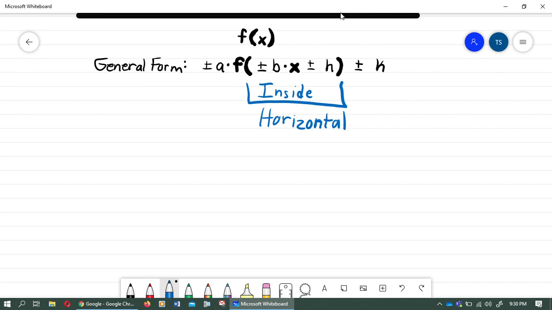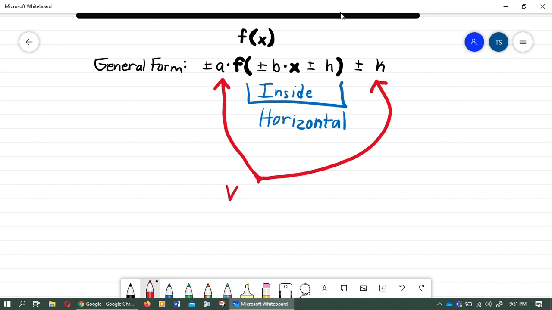All right, and then the outside changes, the parts outside that are not the f, represent your vertical changes. We've talked about this already, but I want to remind you of how important it is for you to remember and to be able to recognize when you've got changes happening inside your function and when you have changes happening outside of your function.